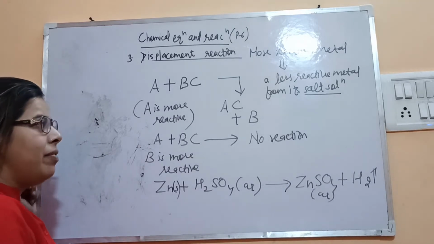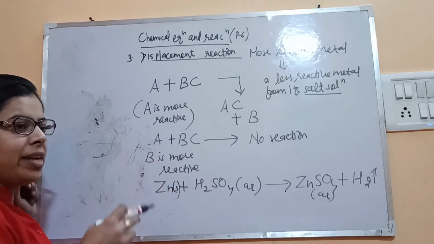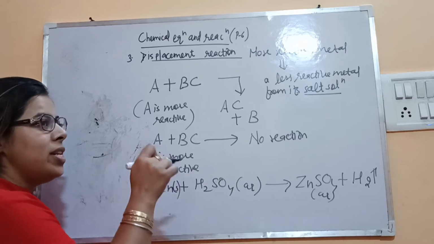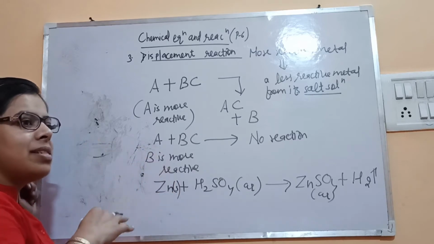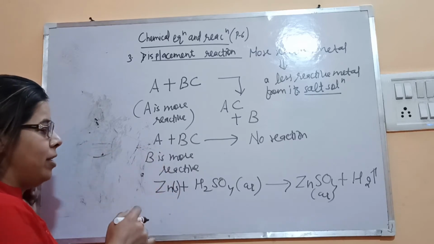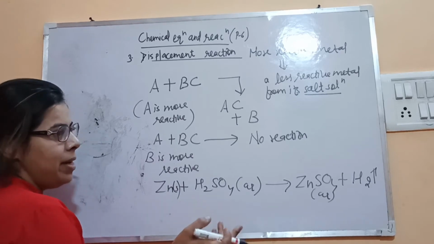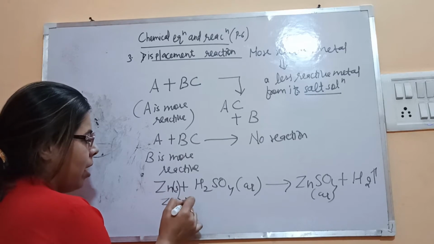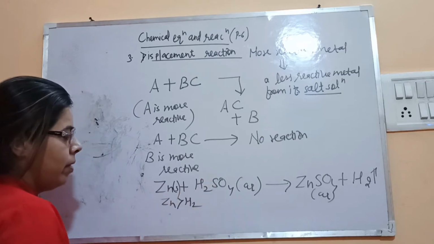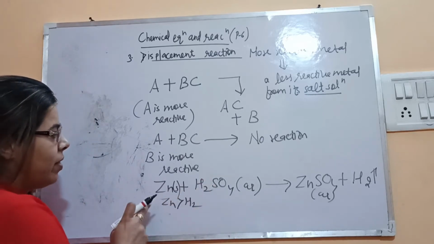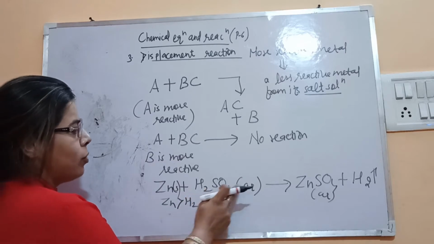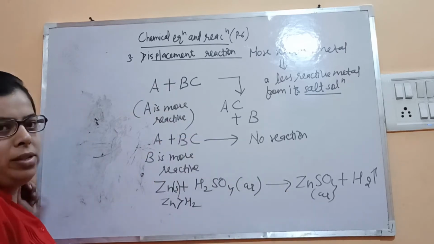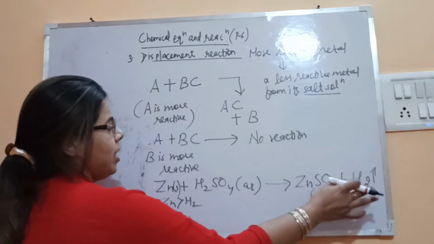But when we see the reactivity series of metals, you will find hydrogen is there. There it is considered a standard metal with the help of which we are comparing. So zinc is more reactive than hydrogen. That's why it is able to displace hydrogen from its salt solution, making its own salt solution. And hydrogen is getting evolved.